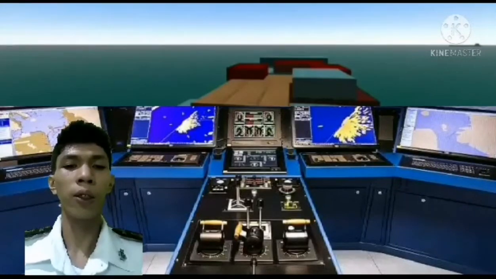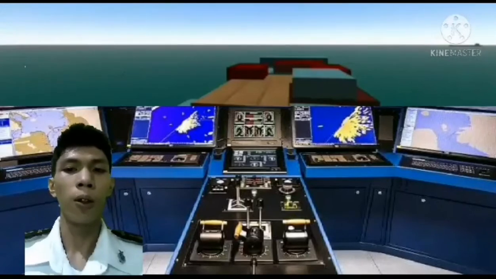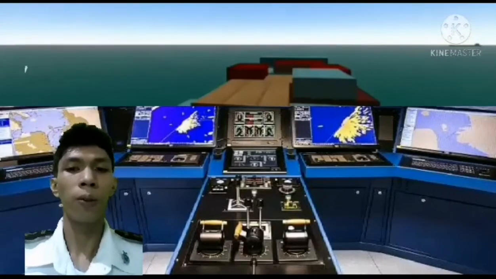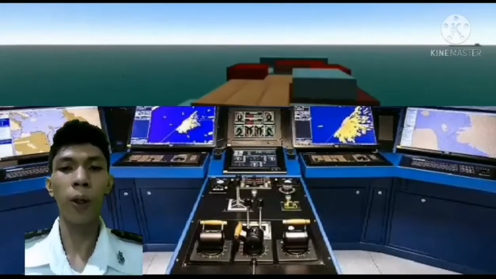So, as we can see, we are on board of MV Hope. Our course is 000 degrees true, which is north, with a speed of 12 knots.